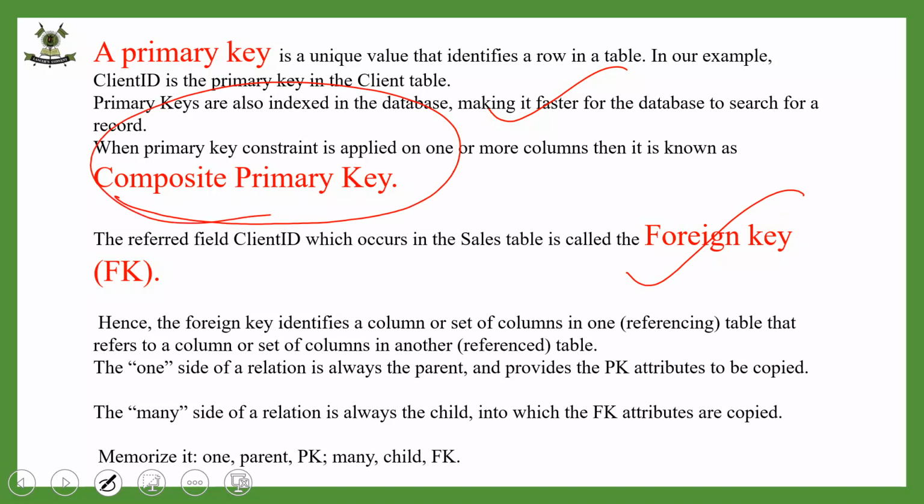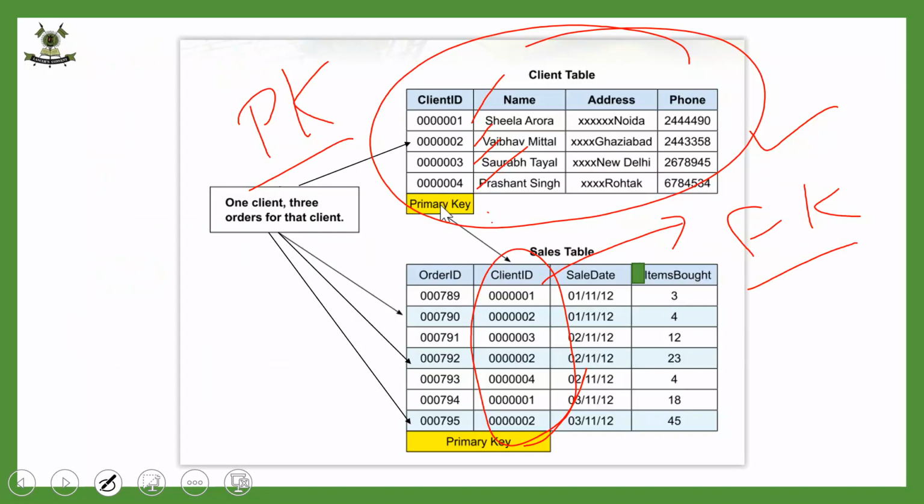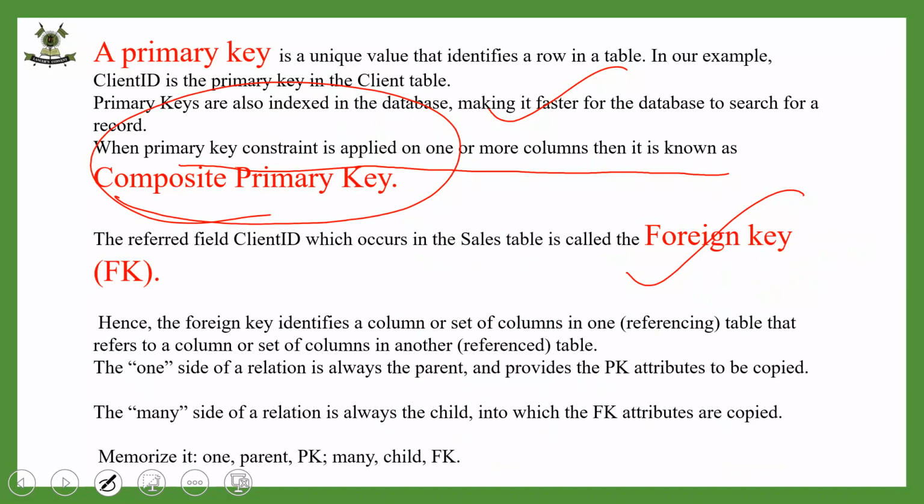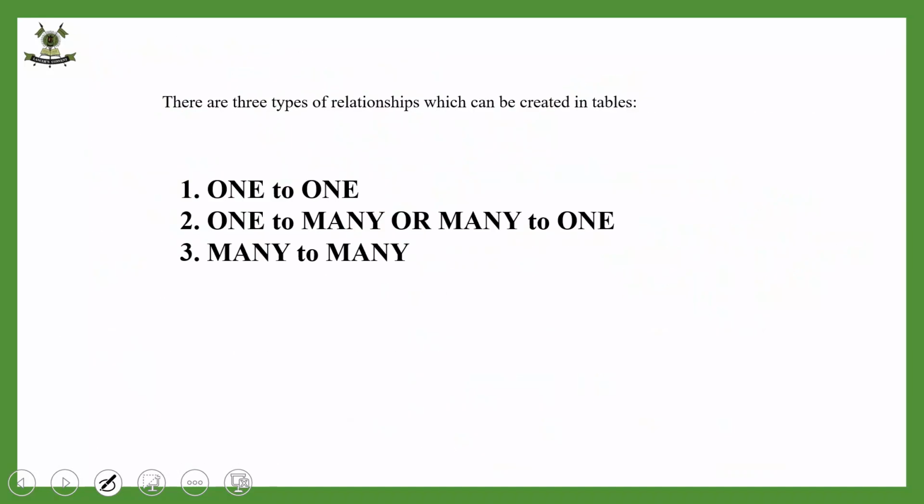When the primary key constraint is applied to more than one column, like we have seen in the previous slide, you can see here order ID as well as client ID both can be called a composite primary key.